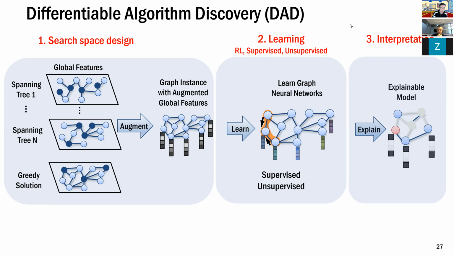I was wondering, when you choose the global features from the spanning trees, how do you make sure later at inference that the features are ordered, because for different graphs you have different spanning tree solutions? So how do you make sure that at inference time, when you have a different graph, the features you input to your GNN are ordered in a specific way? Right. Here, spanning tree 1 to n mainly refers to different types of spanning tree.